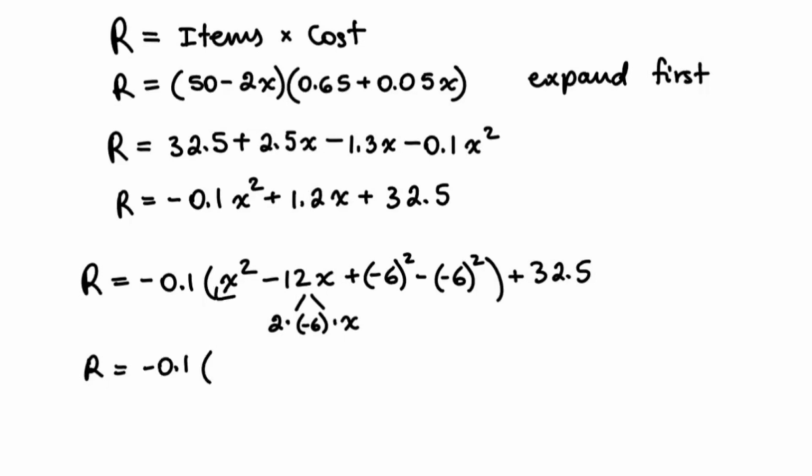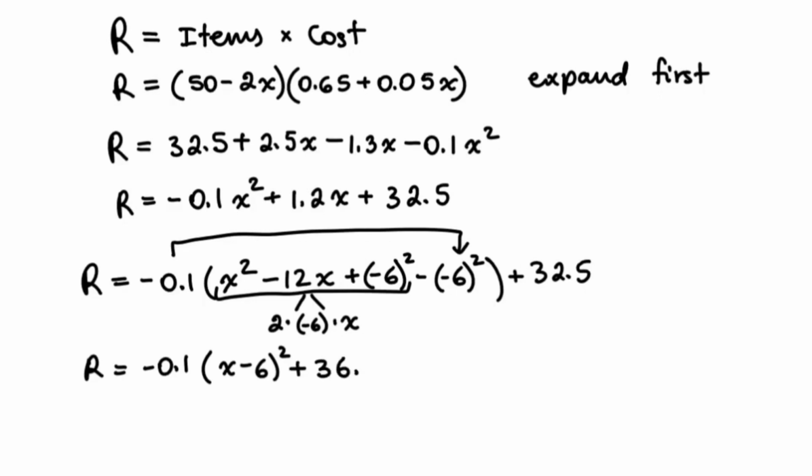The perfect square trinomial, which is this one, will factor into x minus 6 squared, and we still need to multiply this value by that and then still add 32.5 at the end. So then we'll get plus 36.1. We multiplied negative 0.1 by negative 36 and added 32.5.